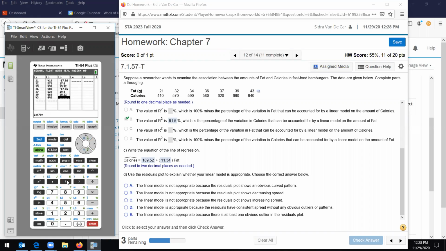And last one, thank goodness, 640 minus 43.